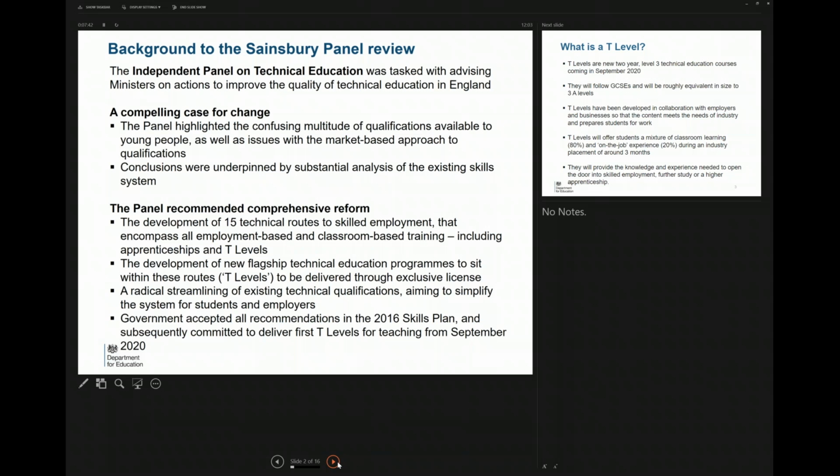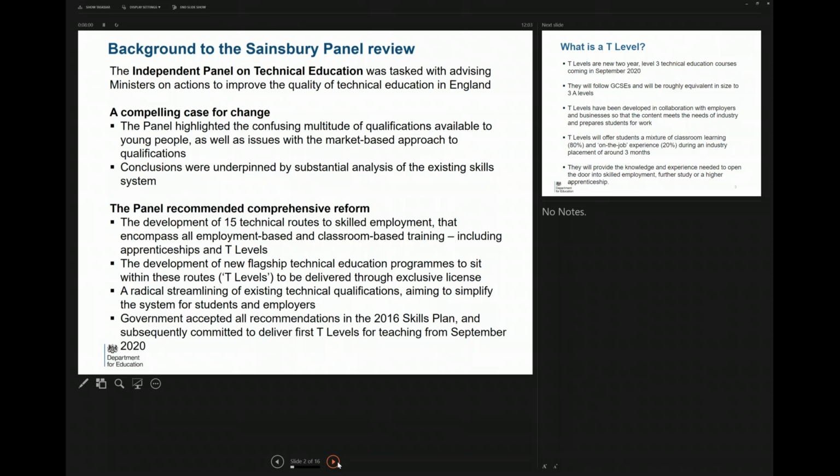The panel looked extensively at evidence in England, but also internationally, and did a lot of exploring what the best practice internationally is and what we can learn from that to improve technical education in England.